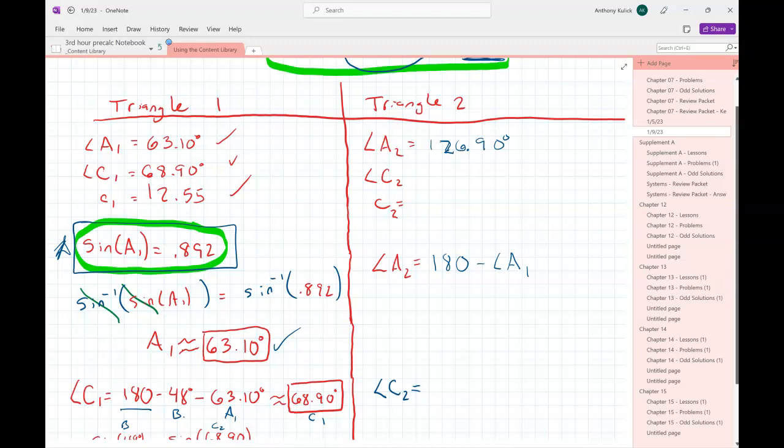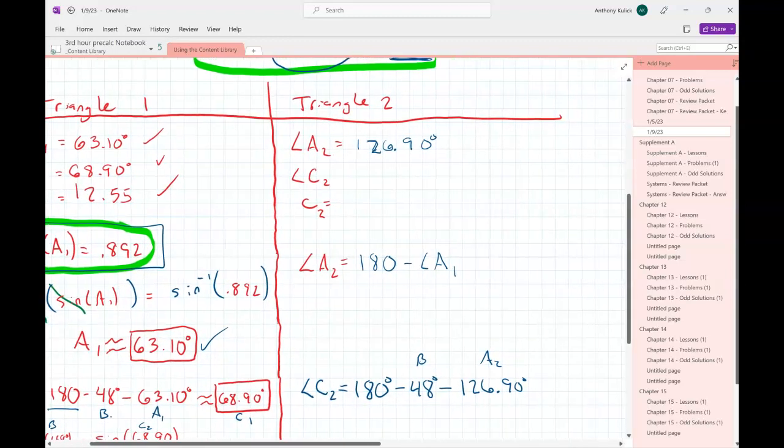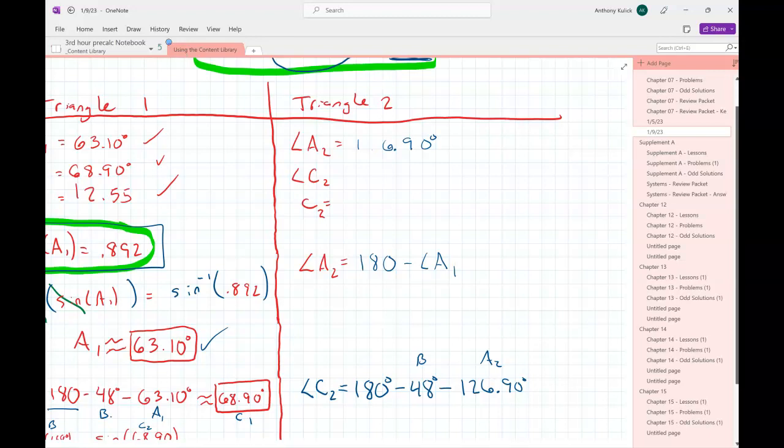Now to get angle C2, well, I know angle B is still 48. That was given to me, and that's true for both triangles. And my angle A2 is 126.9. Oh my goodness, how about 116.9?